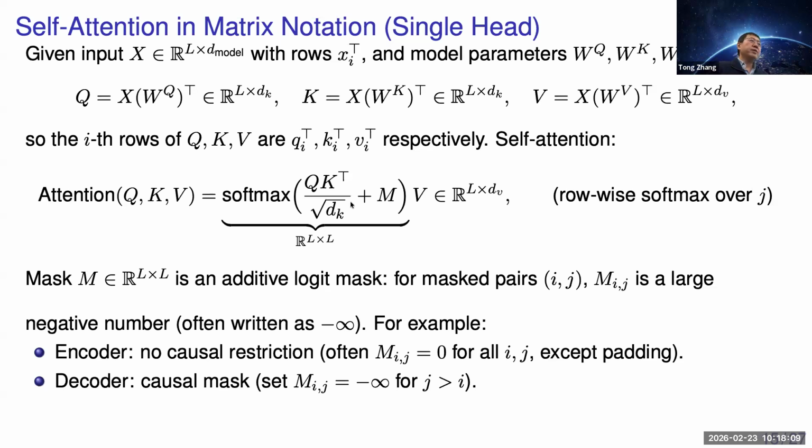And usually they are always additive. This is the standard implementation, always using this additive attention mask. The reason you want to do that, instead of saying I waste my computation outside, is that you just want to use the standard matrix multiplication. We do not want to mess up here because we know the algorithm can be parallelized using GPU, right?